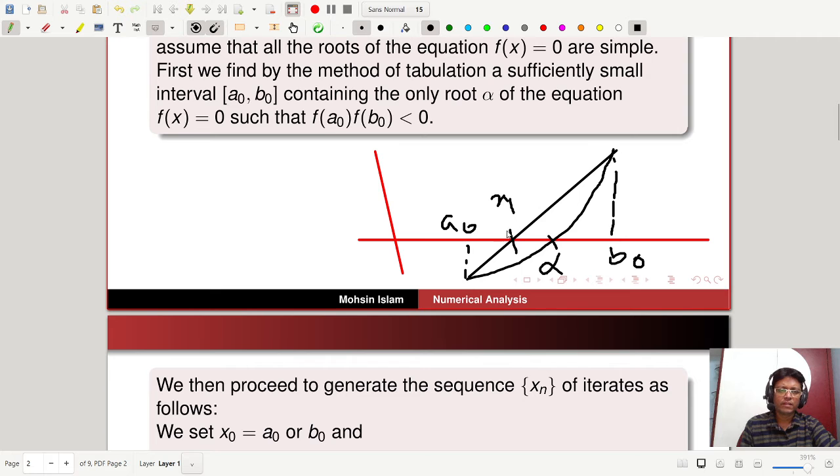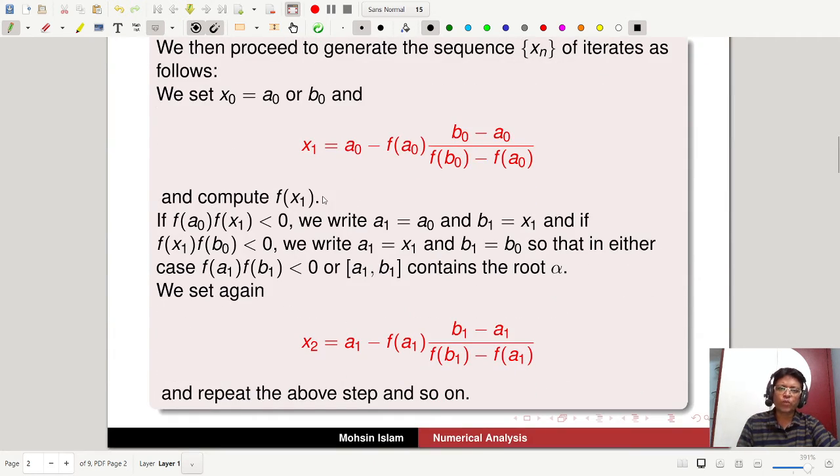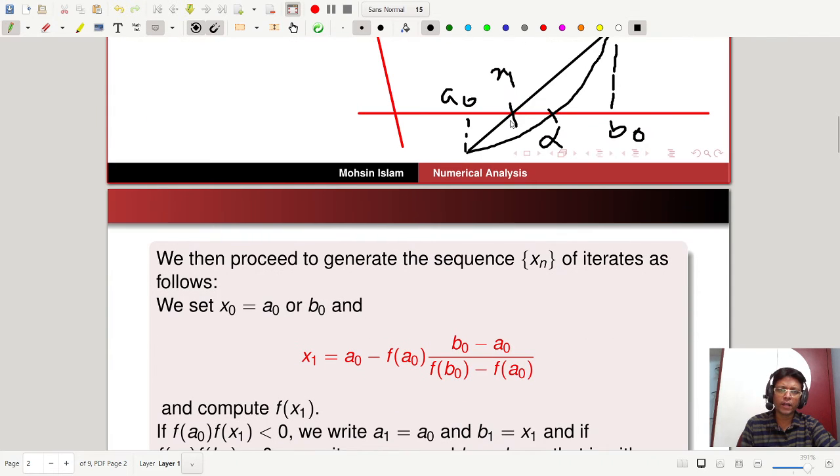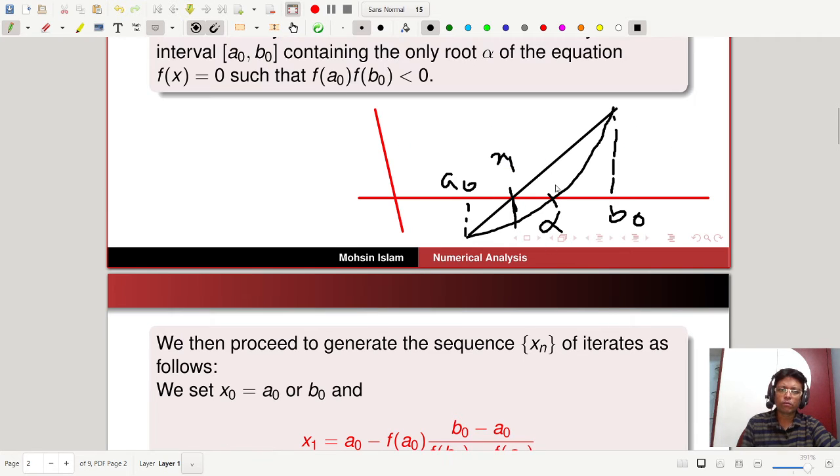Again you will get the second approximation similarly. So x1 is given by a0 minus f(a0) times (b0 minus a0) by (f(b0) minus f(a0)), and compute f(x1). This is the computation. If f(x1) is less than 0, the root lies between x1 and b0. But if f(x1) is positive, the root lies between a0 and x1.